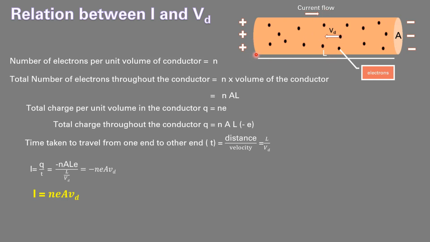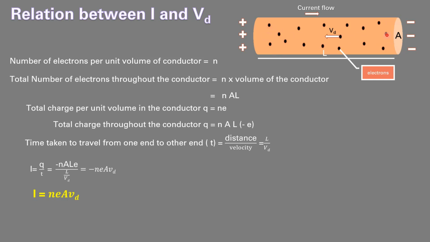And here we have a conductor of length L, and these dots represent the electrons. Actually, they are free electrons which are responsible for conduction. Now let this be the last electron and let this be the first electron.